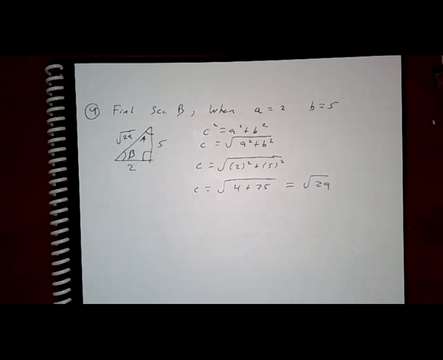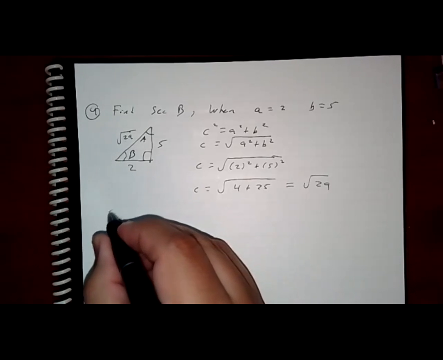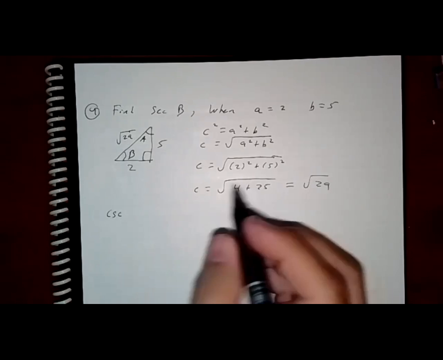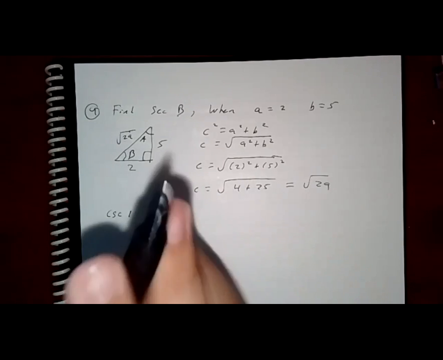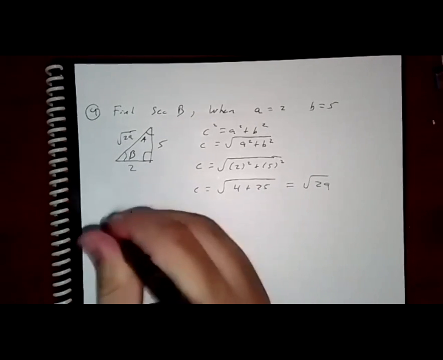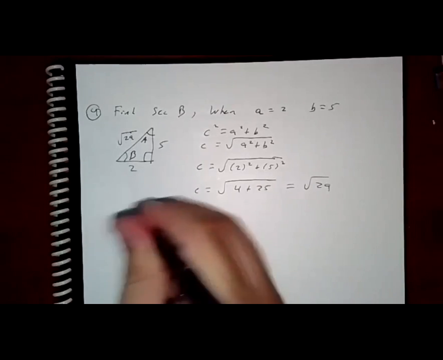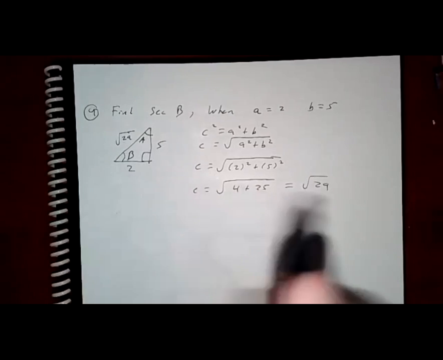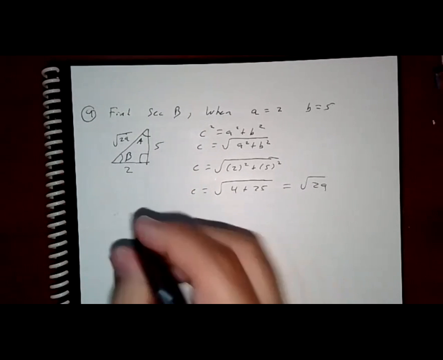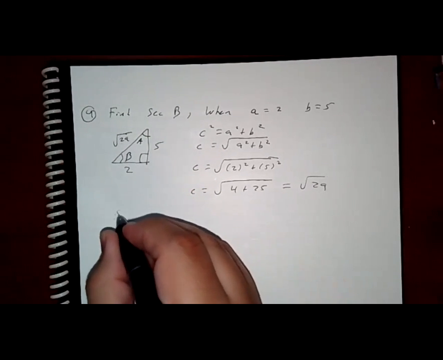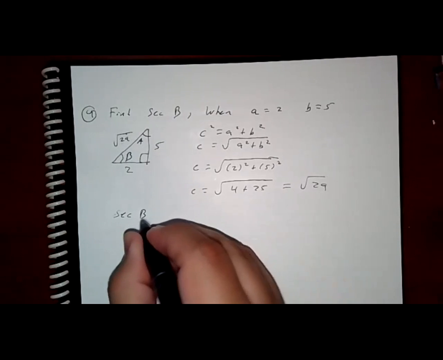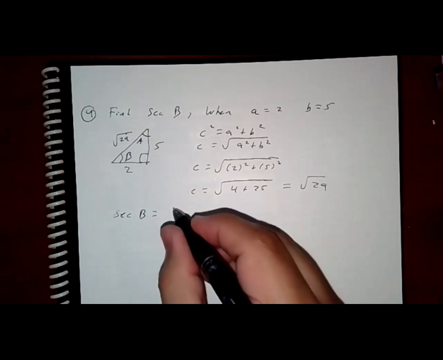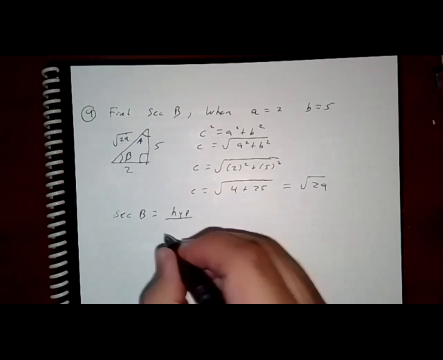Secant is hypotenuse over the adjacent side, right? So secant of B is equal to hypotenuse over the adjacent.